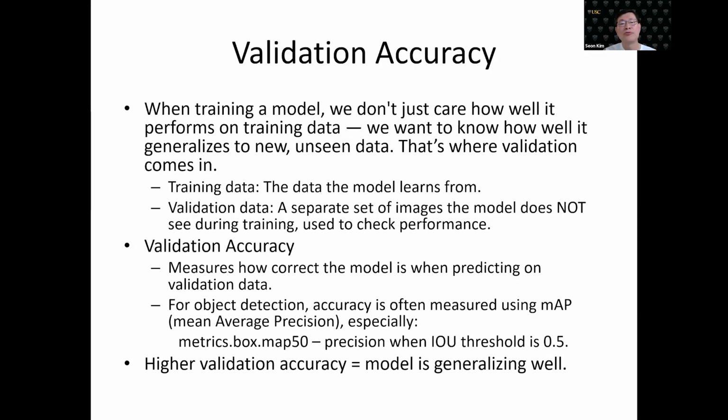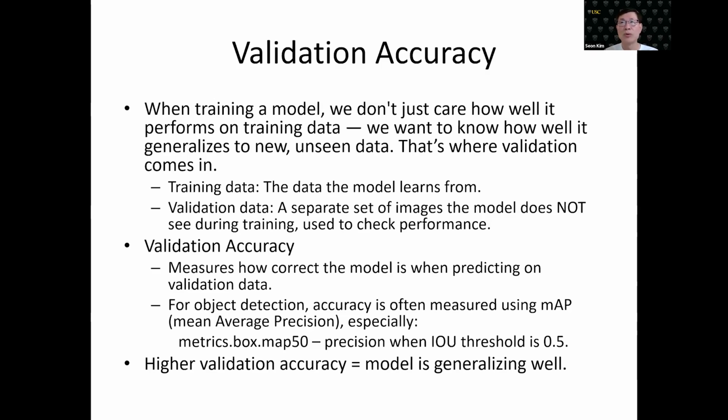In training, to achieve some desirable accuracy, we use a validation step. When you have a data set where everything is labeled, we can divide it into two groups: one is training data, one is validation data. Using training data, we develop a model, and using validation data, we test if the model is working well.